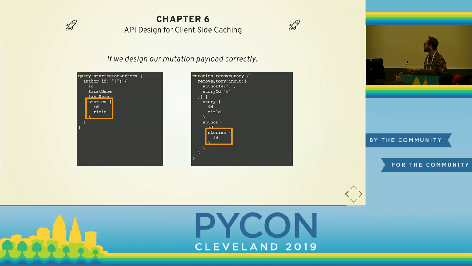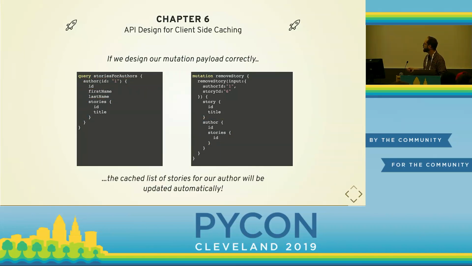So we can refetch the story IDs that belong to a particular author ID. And then the cache will be updated automatically. So it's useful if the number of stories on the author is small. If it's a larger list, then we might want to use some of our escape hatches.